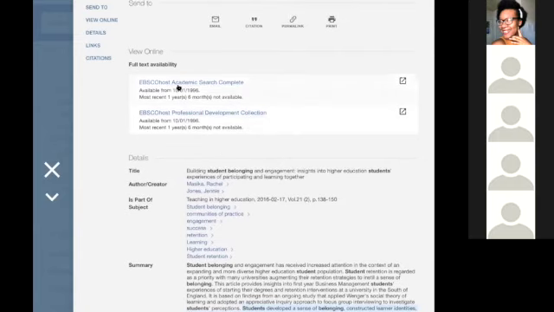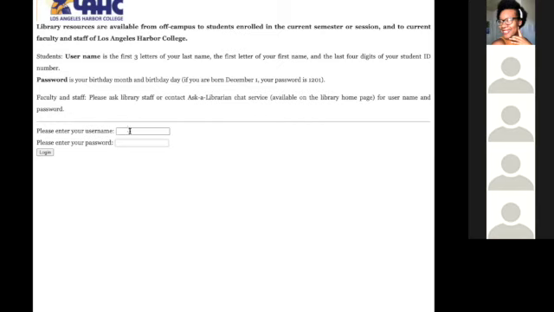So here's EBSCOhost. So it says full text availability. That's what I'm looking for. That's what I want. And it's asking us to sign in. Let's see here.